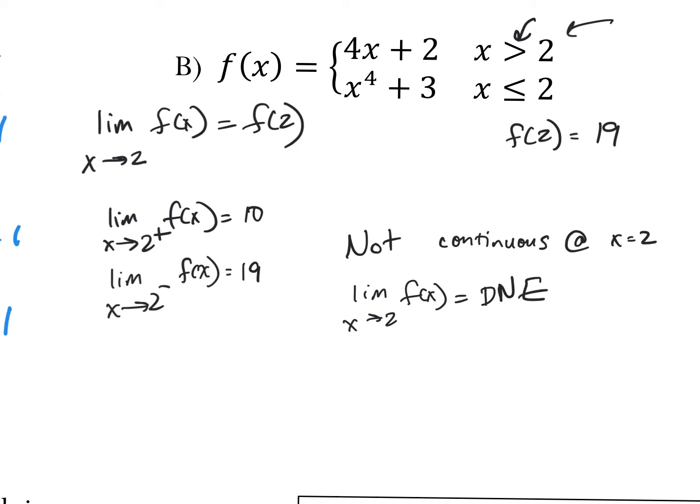If that limit doesn't exist, it definitely can't be continuous. And if I asked you, is this a removable or non-removable discontinuity, what would you say? Non-removable, because it's a jump discontinuity. At x equals 2, our value jumps from 19 down to 10.